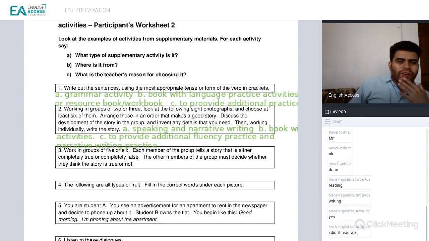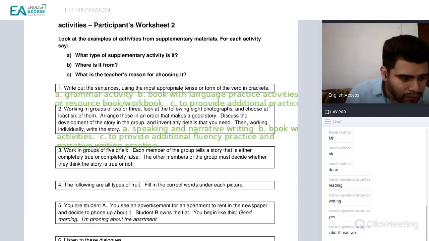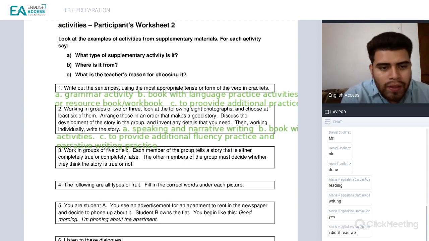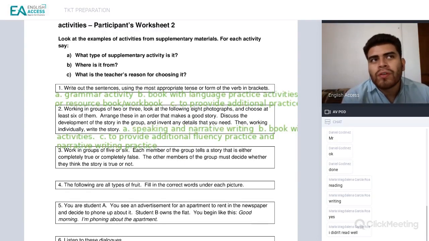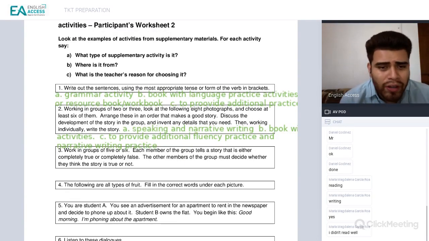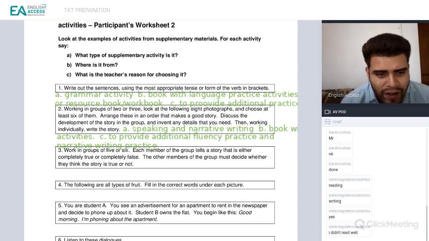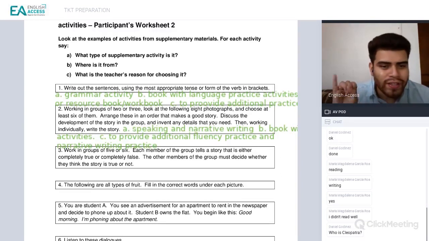Okay, so there is no specific place where you can find these answers. This is all something that you can do, and if you can put it in your own words, that's fine. Let's see, number 3, working in groups of 5 or 6.